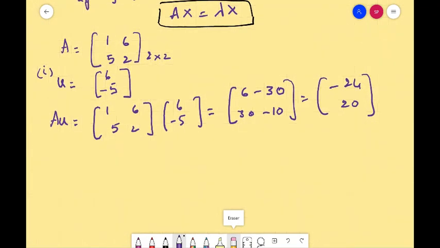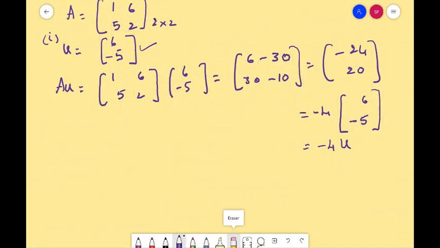So if I take 4 common, I get [-6, 5], but here I can observe u is [6, -5]. So let me take minus 4 common. I will get minus 4 into [6, -5], that is equal to minus 4 into u.